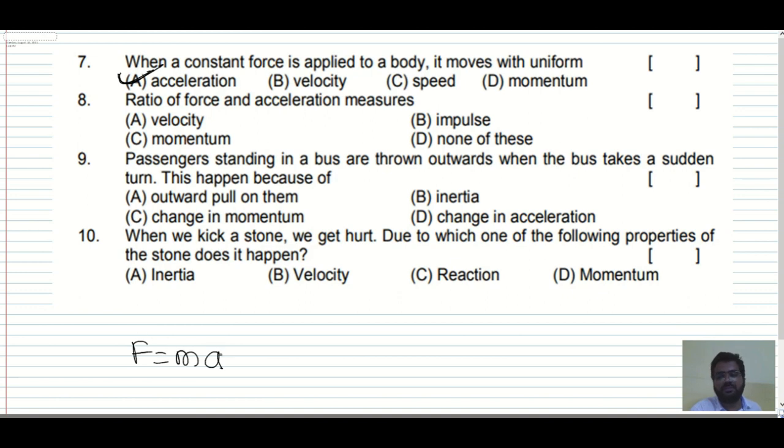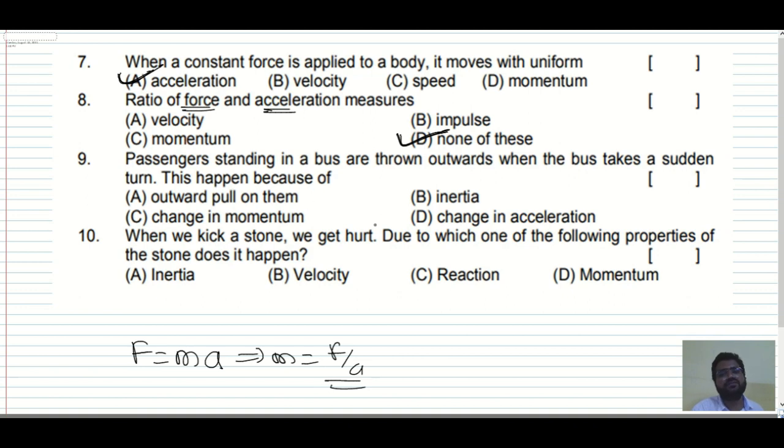If force is applied, acceleration will be there, right? So the mass is force by acceleration, and they are telling us the force and acceleration ratio will be the mass, but they didn't give anything about mass over here. So the answer is D.